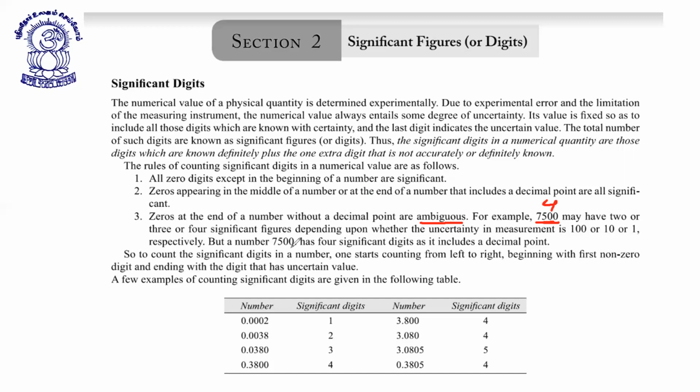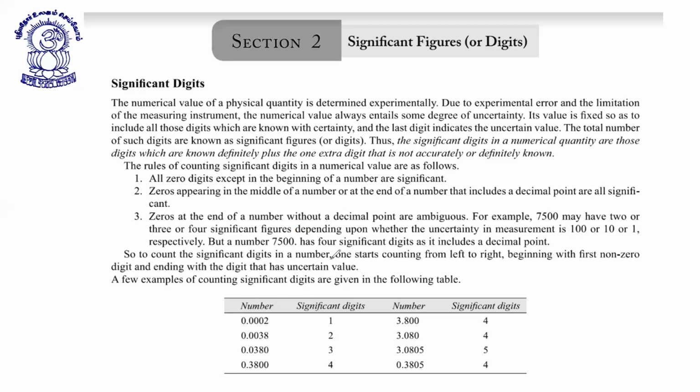But the number 7,500. with a decimal point has 4 significant digits, because all the zeros before the decimal point are significant. That is a very important point to be noted down.